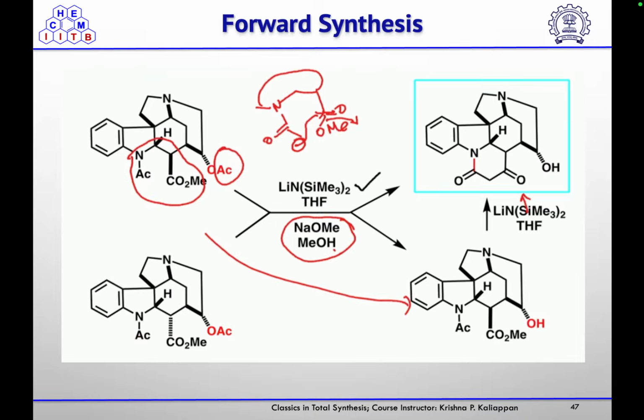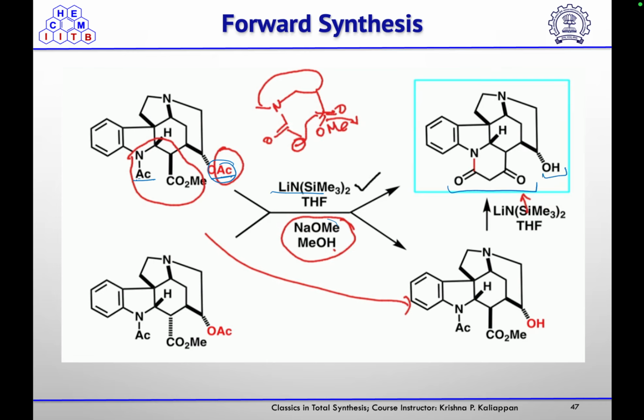When they treated it with this bulky base, it will abstract the proton from that acylate methyl group, and a 1,3-dicarbonyl compound will form. In the presence of sodium methoxide and methanol, the acyl attached to the alcohol will get hydrolyzed.